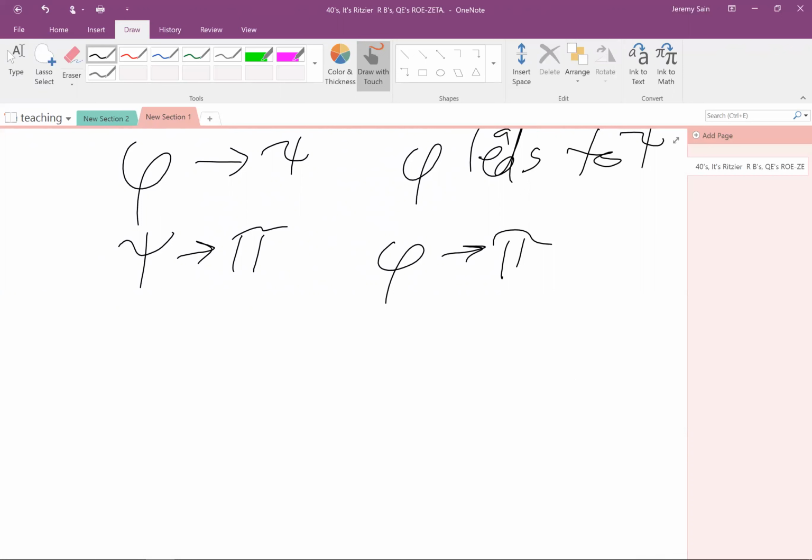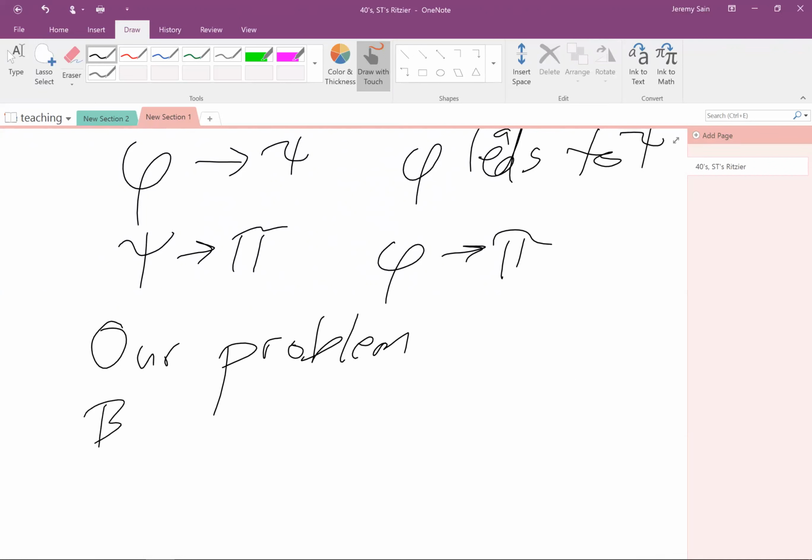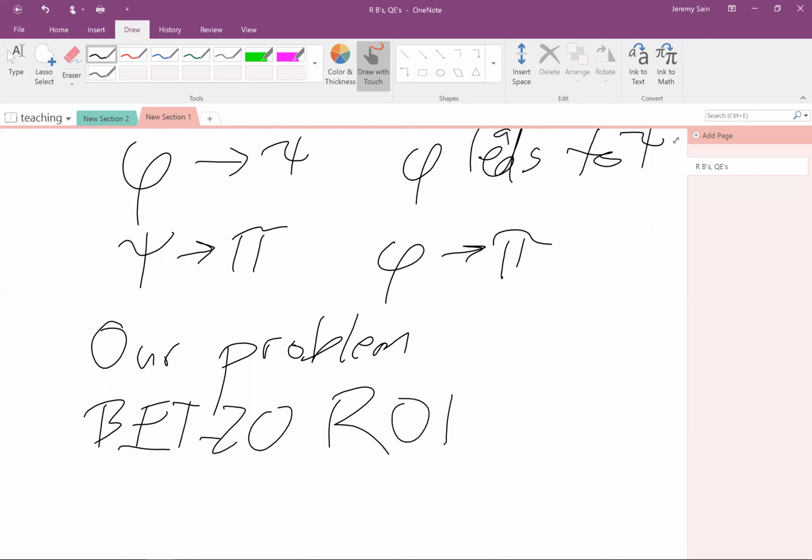So in our problem, it really doesn't matter what string I'm at. Like if I'm at B-E-T-Z-O and I want to know, can I wind up at rotor? Well, I just write rotor as my next five.